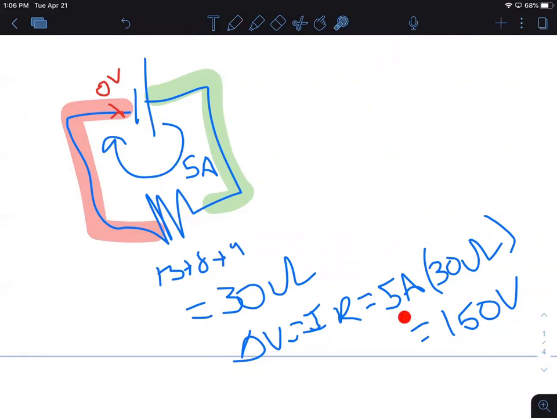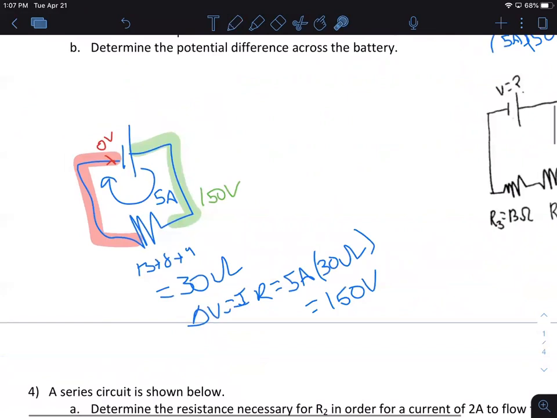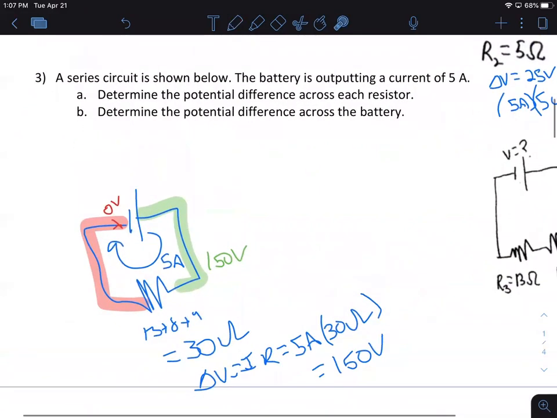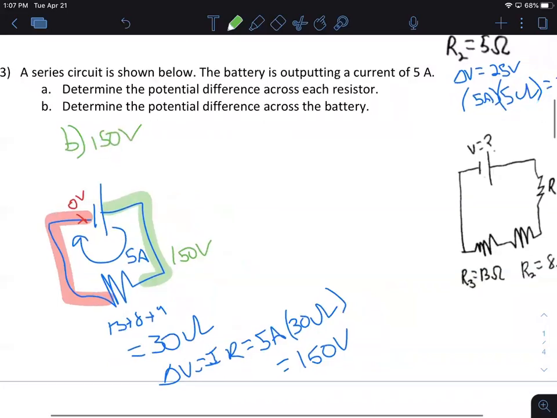Well, this took away 150, so this is 0. This had to have been 150 volts because it changed it by 150. That means the battery's taking it from 0, bringing it up to 150. The battery has to have a potential difference of 150. So we just kind of skipped ahead to B there.